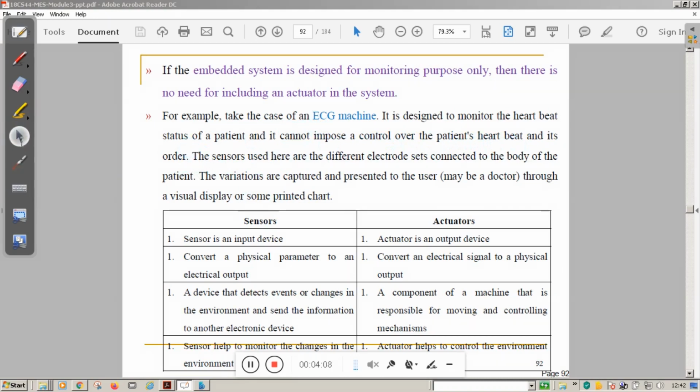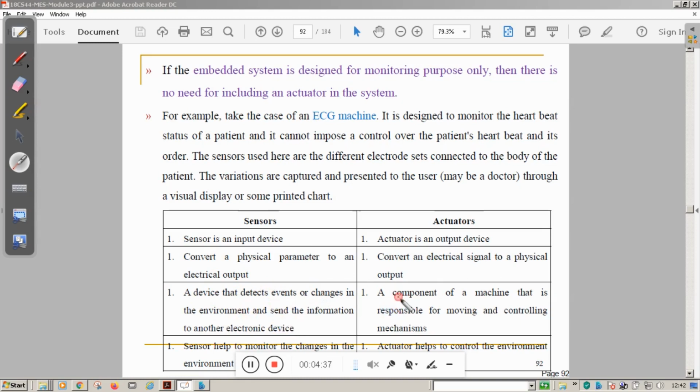Now you see here the difference between a sensor and actuators. Sensor is an input device, actuator is the output device. We know sensor converts physical parameter into electrical output. The actuator converts electrical signal into physical output. A sensor is a device that detects the events or changes in the environment and sends the information to the controller.